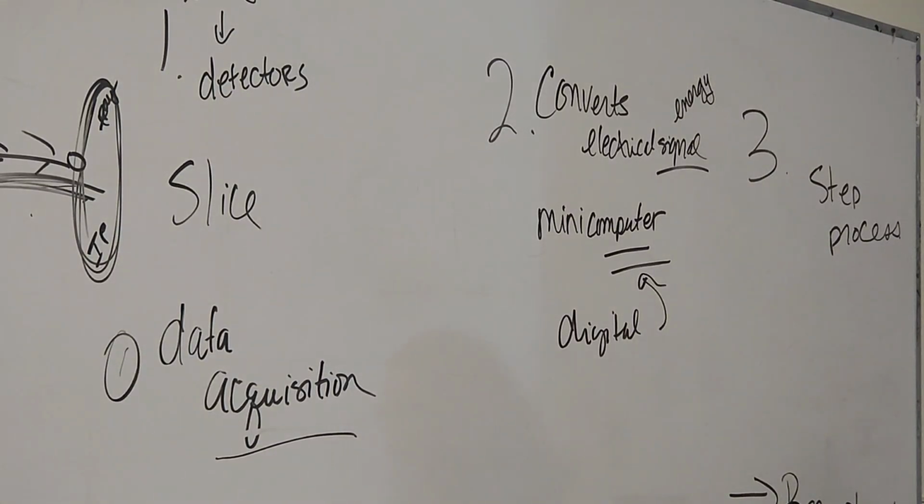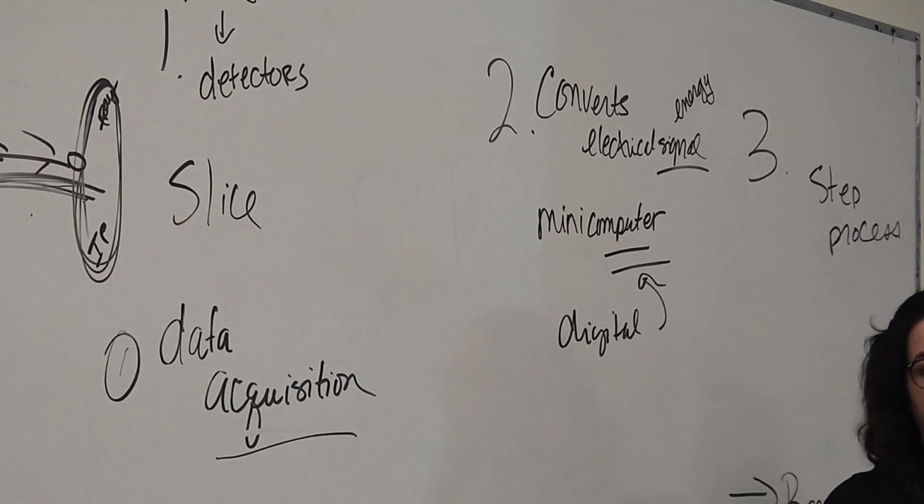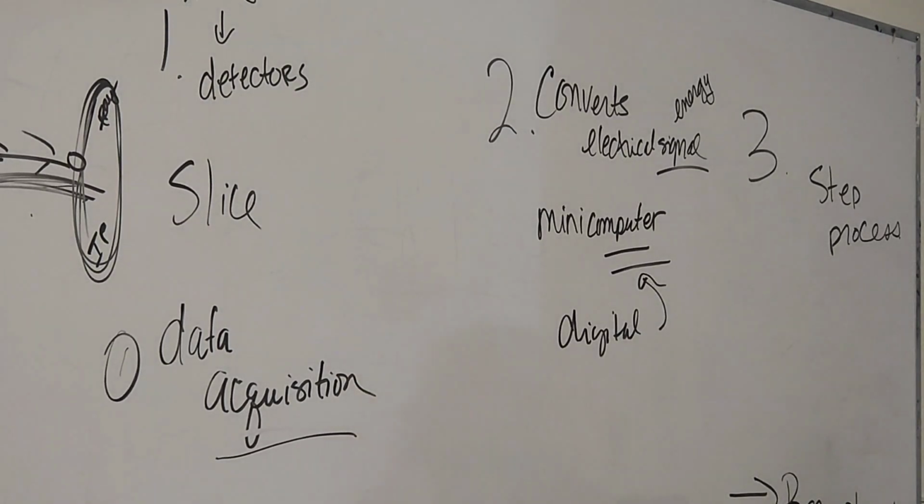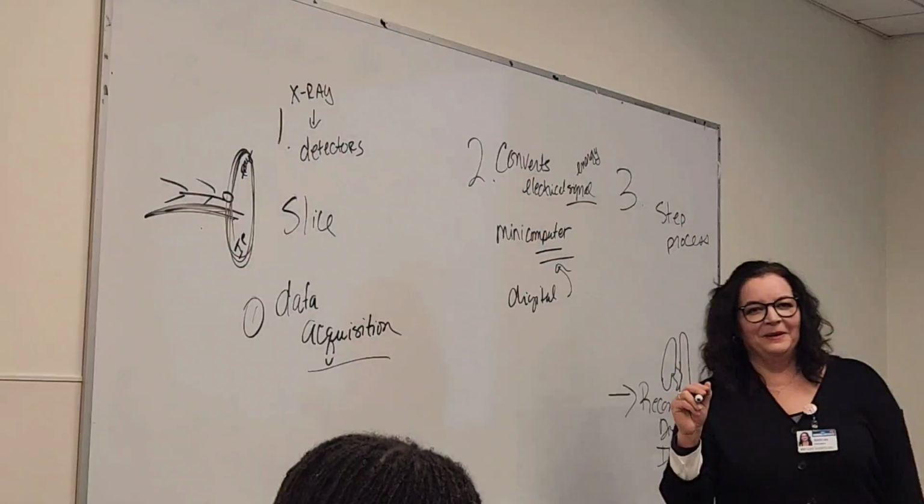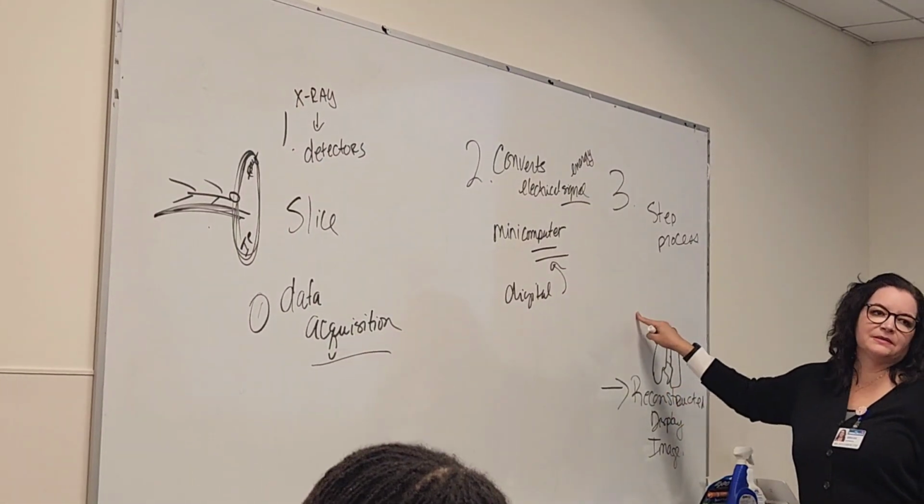Wonderful, right? We're almost there. So now we have a digital signal. What do you think is going to be next to display? Don't laugh at my lungs. That's a coronal one, which is not an axial, but work with me. What do you think we need next?